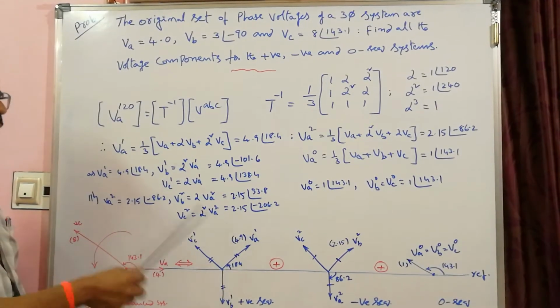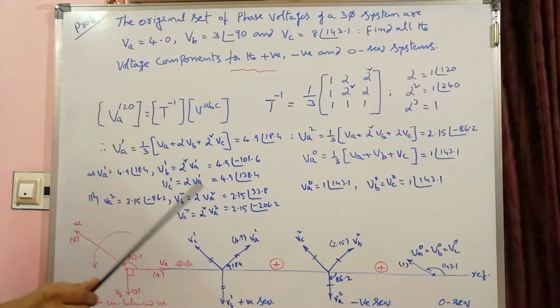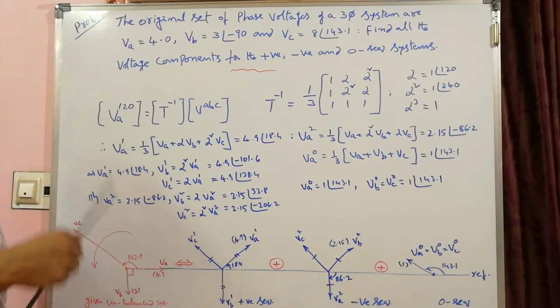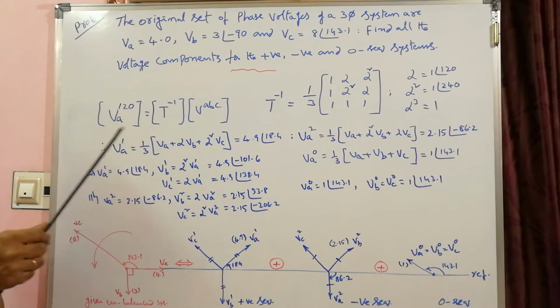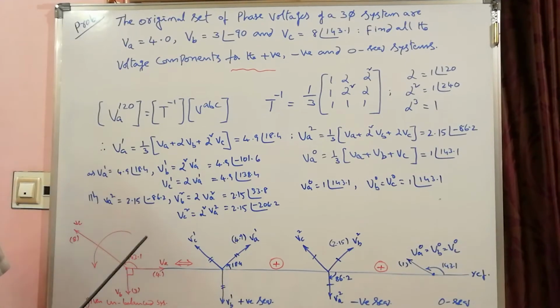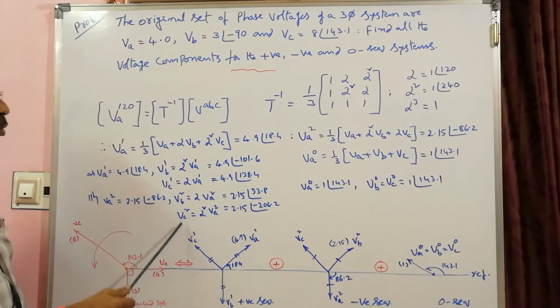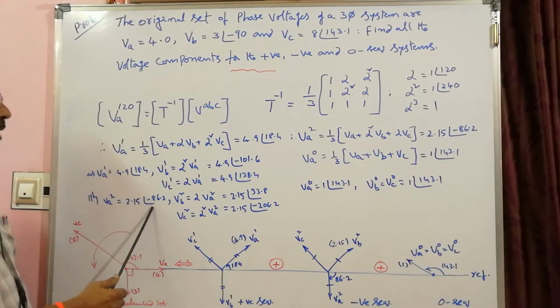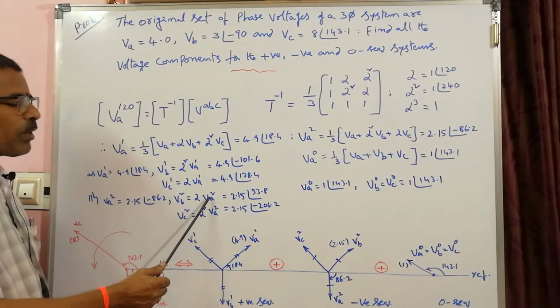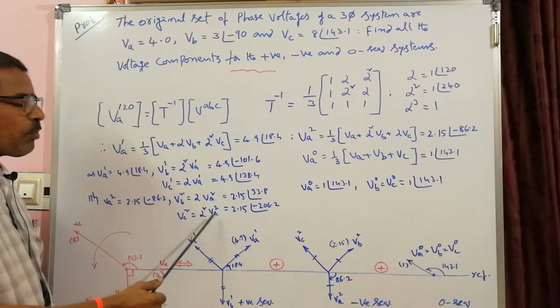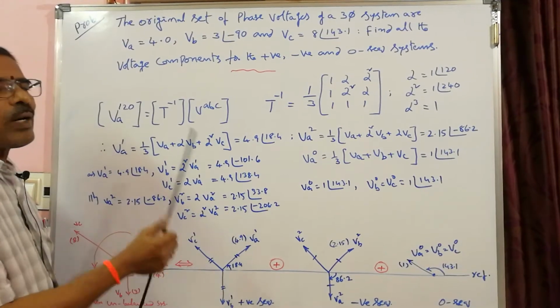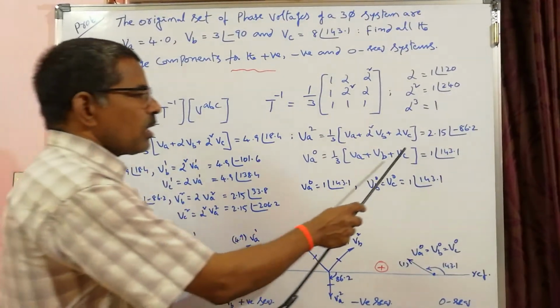By fundamental definition, you know the interrelation of the positive and negative sequence components. VA2 is calculated, VB2 is alpha times VA2, VC2 is alpha square times VA2. So these are the values. Then VA naught is this.